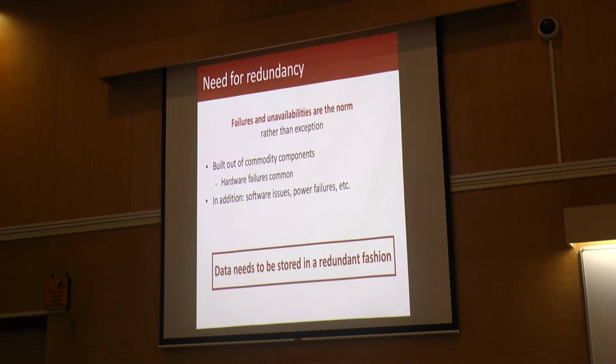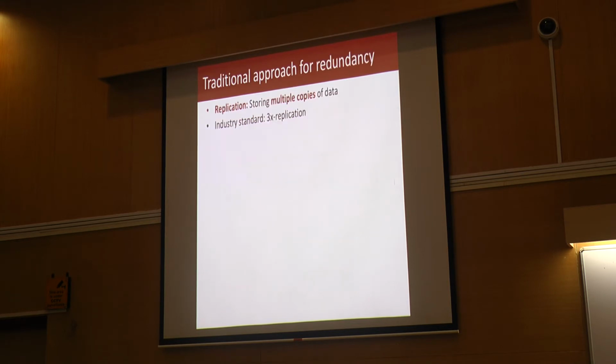So in order to provide resilience to storage systems, data has to be stored in a redundant way. The traditional approach, a few decades ago when storage systems were small, was to just replicate the data, that is, to have multiple copies of the data. For example, 3x replication used to be the industry standard. Let's see a quick example.